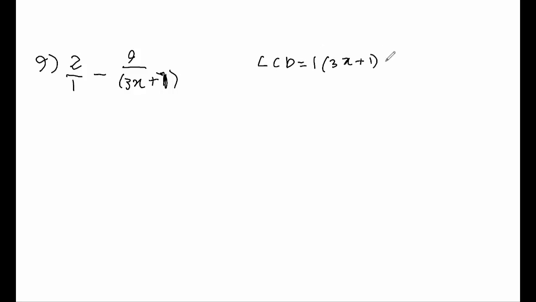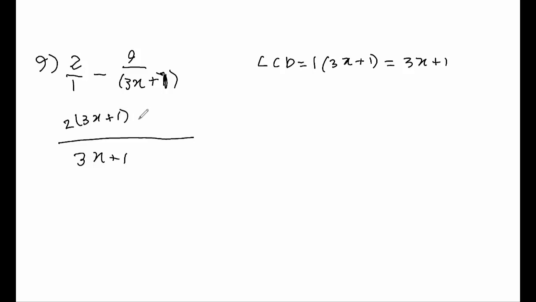But we don't usually write the 1, we just write 3x plus 1. So we have the lowest common denominator is 3x plus 1. And we see that the 2 is lacking that entire 3x plus 1. So we write 2 times 3x plus 1.